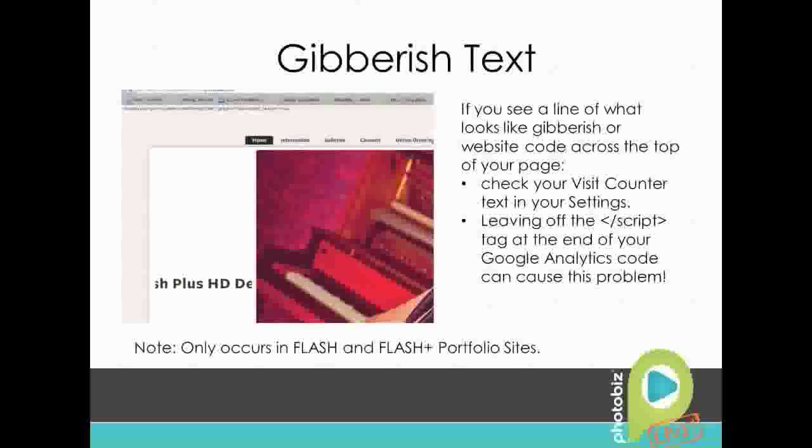It'll look like an open bracket and then slash and the word script and close. Leaving that tag off or part of that tag off when you copy and paste your code in can cause this problem to happen. And the thing that you'll find frustrating is that it doesn't appear on your preview. It'll only appear once you publish your site. But it's easy to fix.